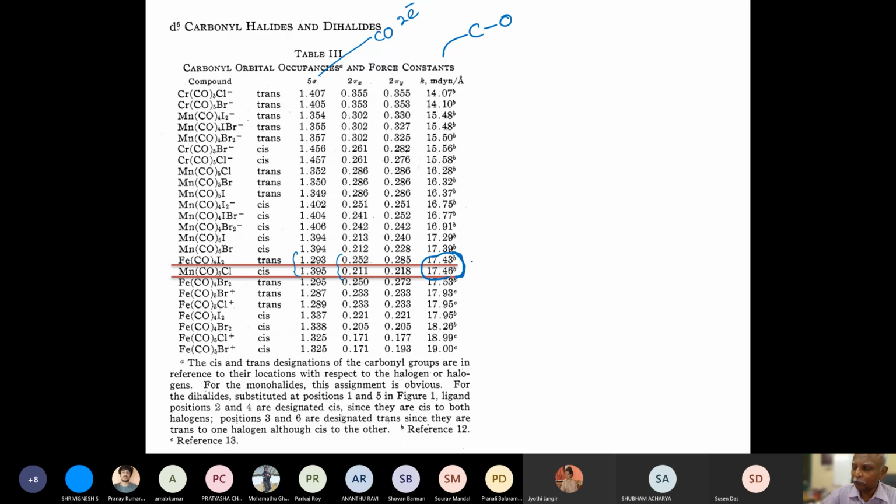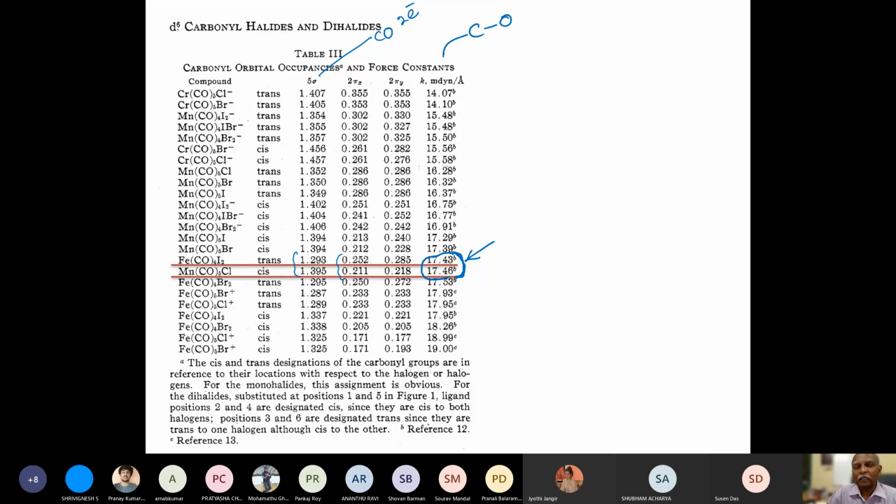And what it is doing is compensating for the CO stretching frequency. In other words, there are 2 factors operating in opposite directions. Pi star occupancy is going to decrease the stretching frequency. Sigma donation is going to increase it. So these 2 are compensating, and so the net stretching frequency is almost the same.